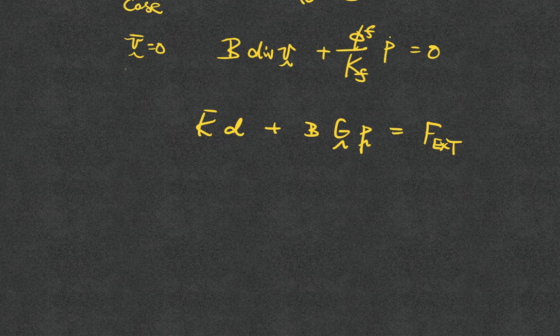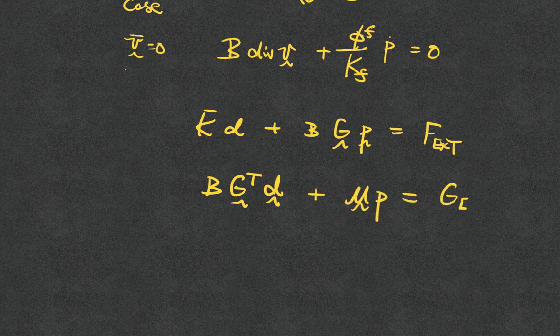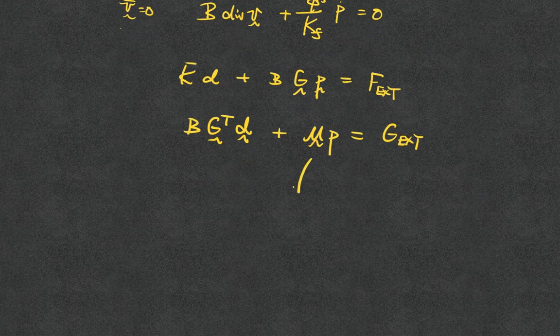Now, what would be the balance of mass? The balance of mass would be B G transpose d plus M p. M is the new term that we previously didn't have for the undrained case. Okay, what would be the M? M would be coming from this term, okay?